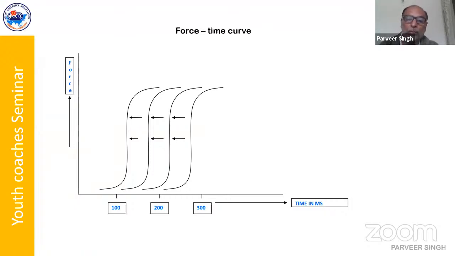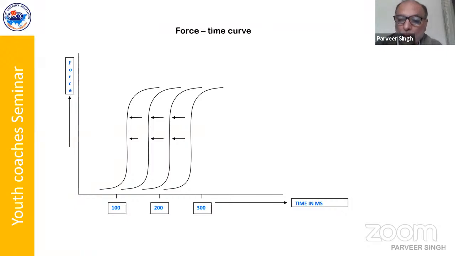So the problem is that your athlete has the capacity to produce force, but not very quickly. The difference between the time required to produce the force for the event and the time your athlete takes to produce force is known as the strength deficit. Strength deficit. Okay. So this gap should be minimum.